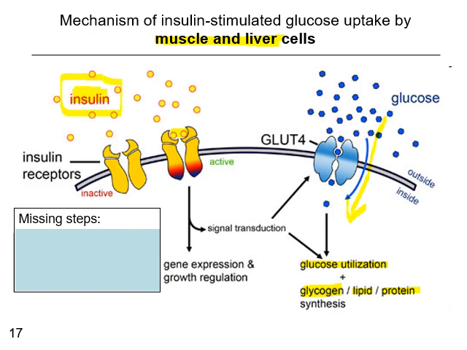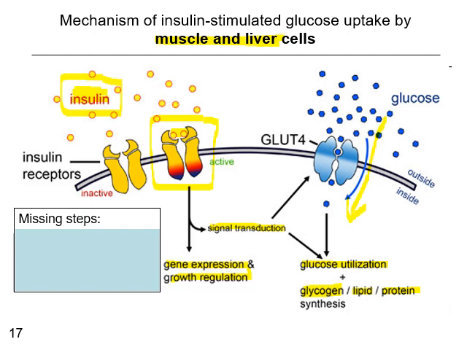And what I want you to do is fill in the missing steps that are here. So what this slide shows is that activation of the insulin receptor, which is cartooned here, causes a generic signal transduction, but I want you to unpack what that is. That causes gene expression and regulation.